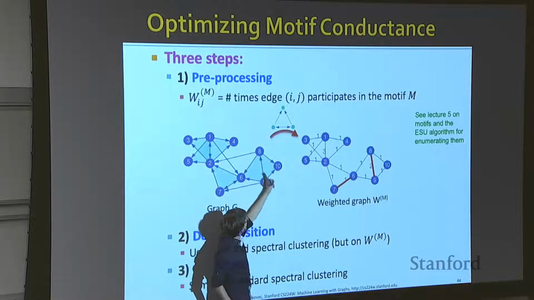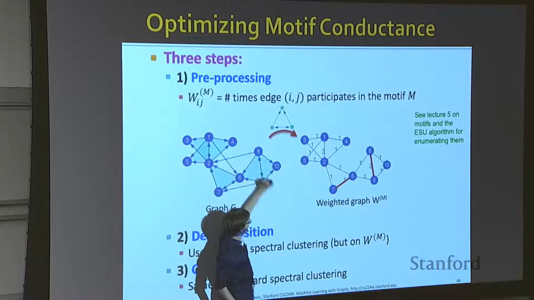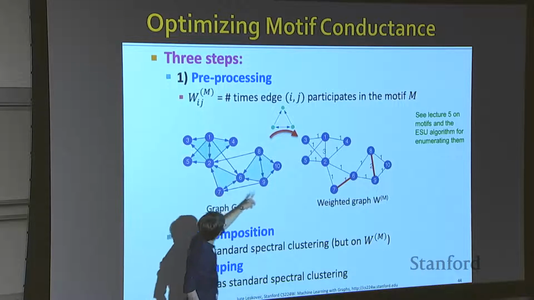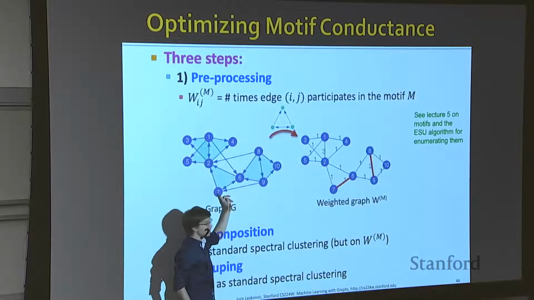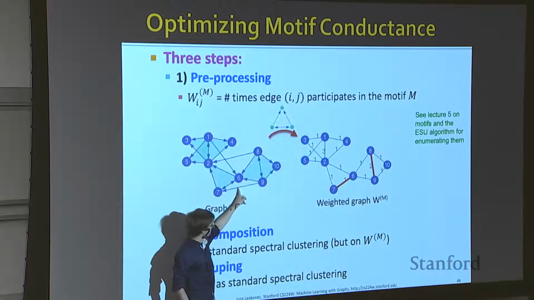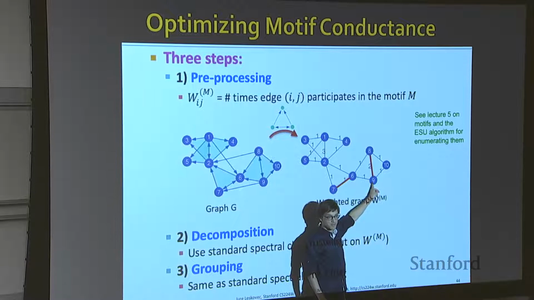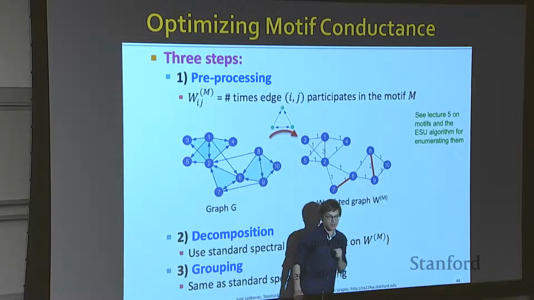Edge 8, 9 participates in two instances of the motif, so it has the value 2. Edge 9, 7 participates in 0 instances of the motif, so it has weight 0, so it doesn't exist. Okay? So this is now my W^M.